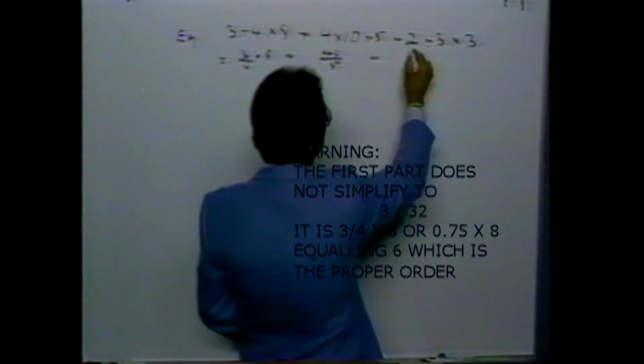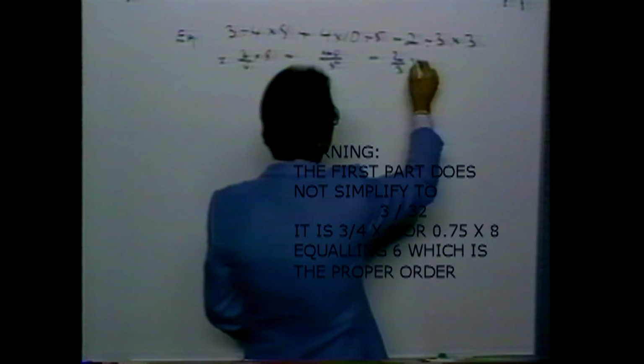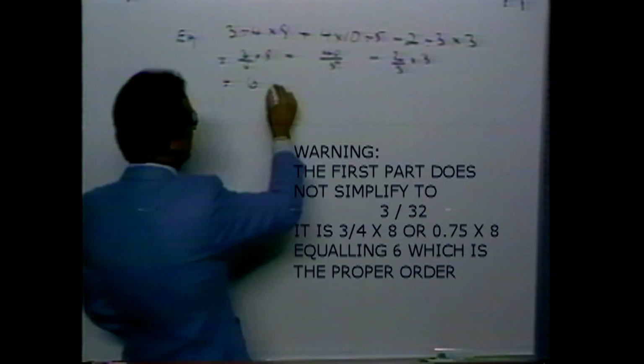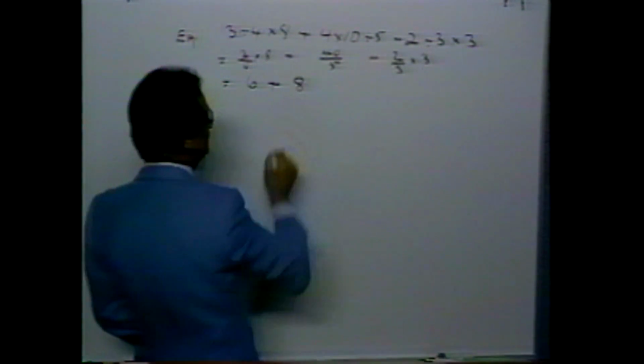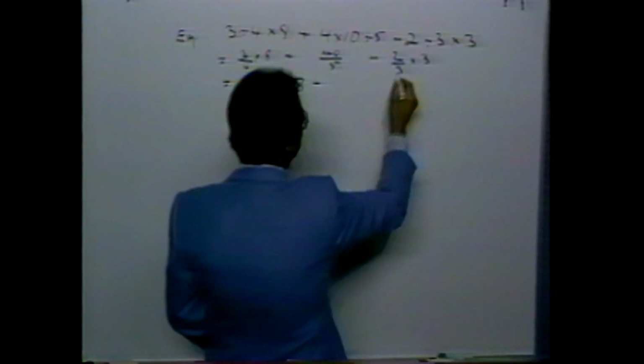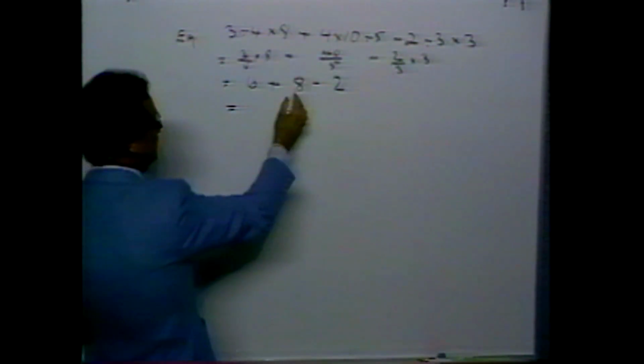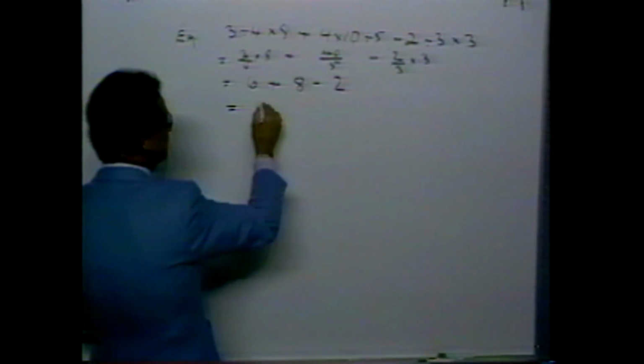Over here, we have 2 divided by 3 first. We can express that as 2/3 multiplied by 3. If you do the add 8, which is 40 divided by 5, and subtract 2/3 of 3 is minus 2. We have now 6 and 8. 14 minus 2 is 12.